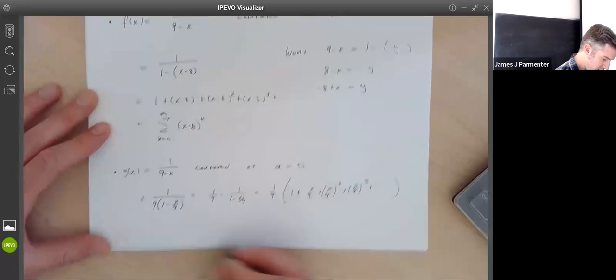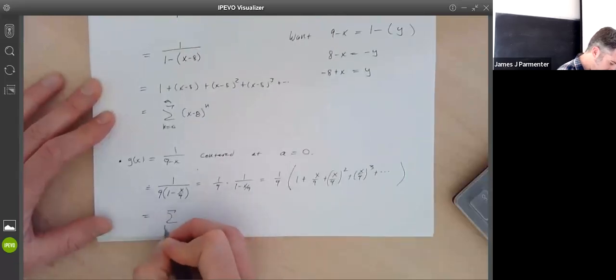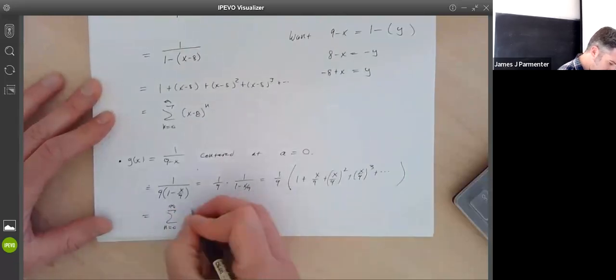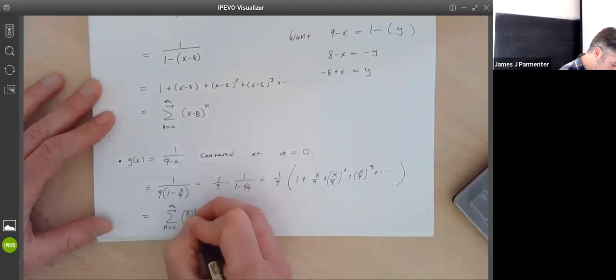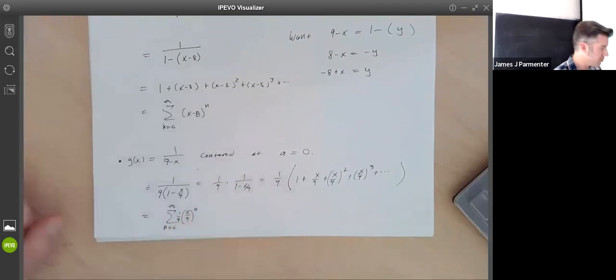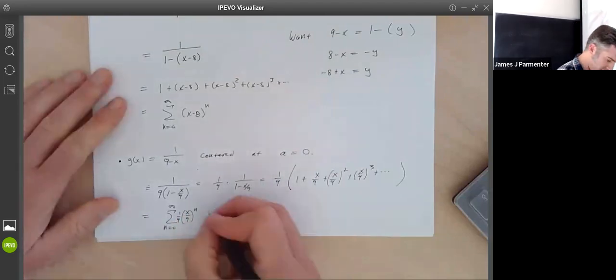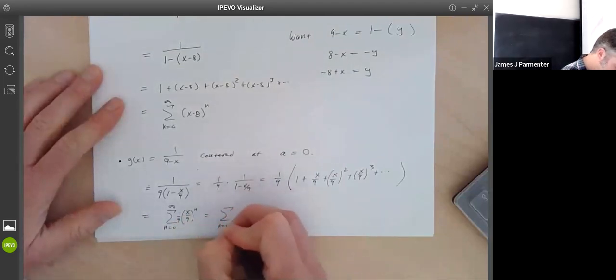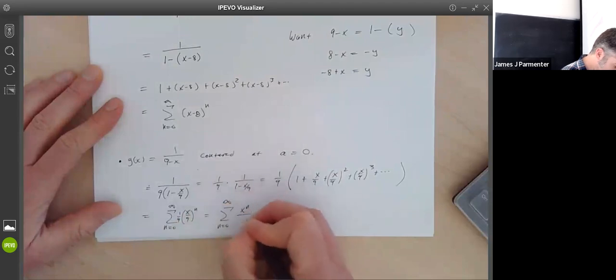So we could write this as the sum from n equals 0 to infinity of (x over 9) to the nth power times 1/9. And if you want to write it a little more simplified, you can write it as x to the n over 9 to the n plus 1.